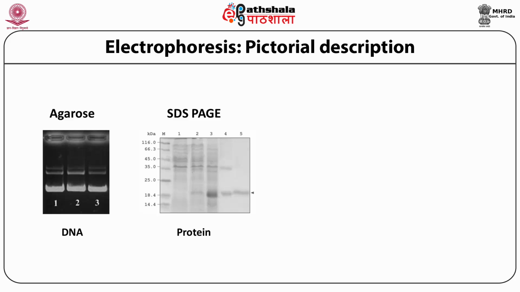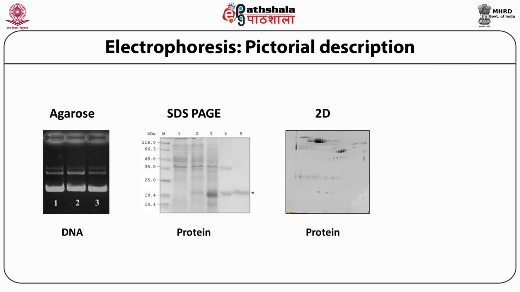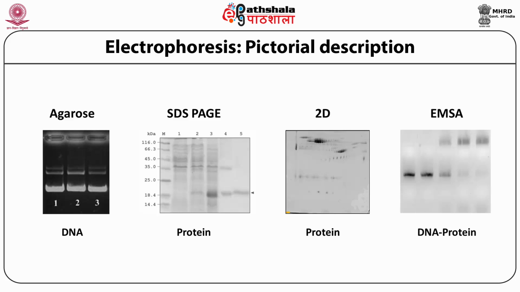In the third, you have 2D or two-dimensional electrophoresis, where we again separate the molecule called protein based on two dimensions. And finally, you have what you call the EMSA, or the electrophoretic mobility shift assay, where we study the interaction between the DNA and the protein.